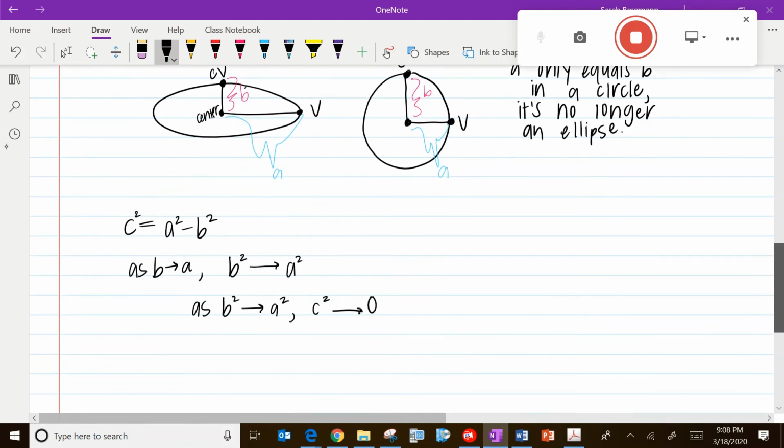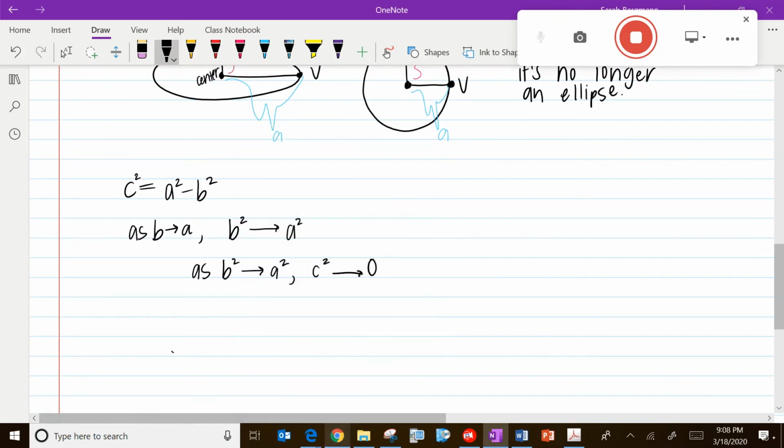If c is approaching 0, e also approaches 0 because e is equal to c divided by a. So as c gets closer to 0, we're dividing a smaller number, and e will also get closer to 0.